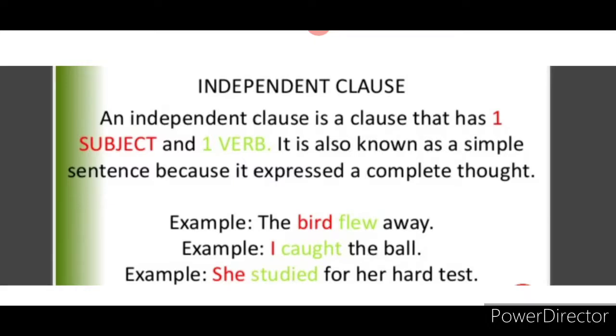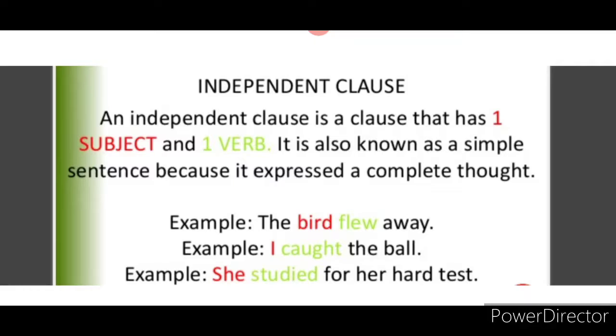Independent clause is also known as main clause and it will give you a complete thought. It has one subject and one verb.